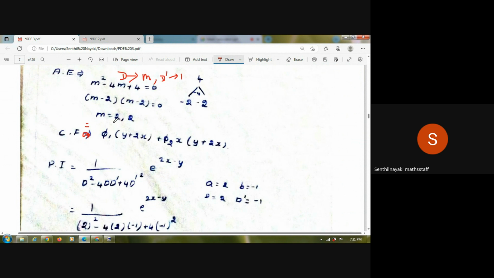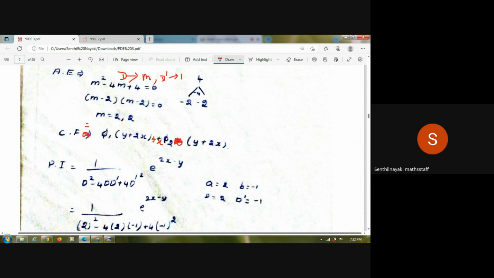Here we get equal roots. Equal roots means the complementary function becomes pi 1 of y plus 2x plus x into pi 2 of y plus 2x.